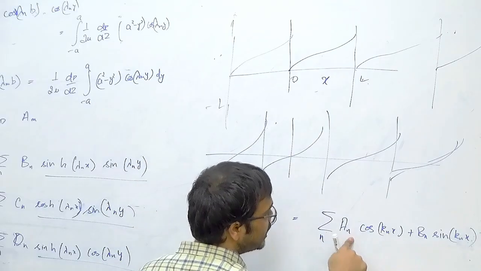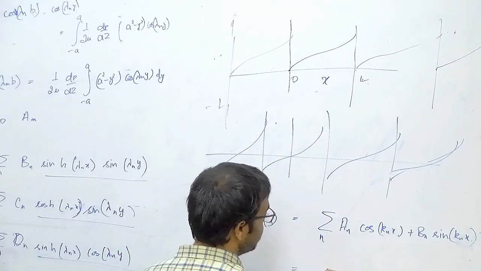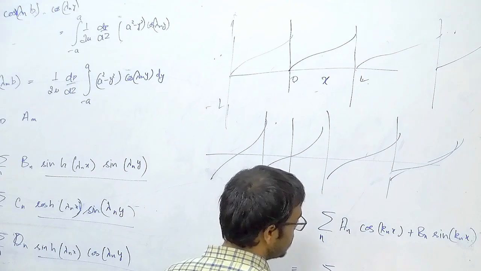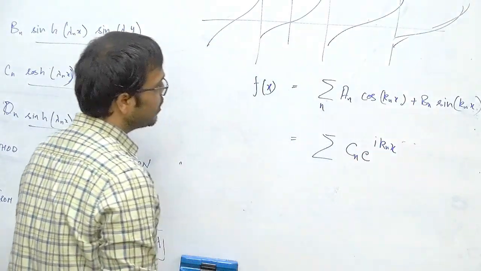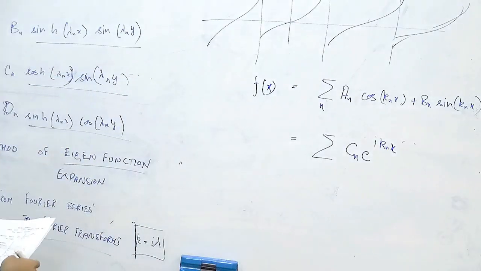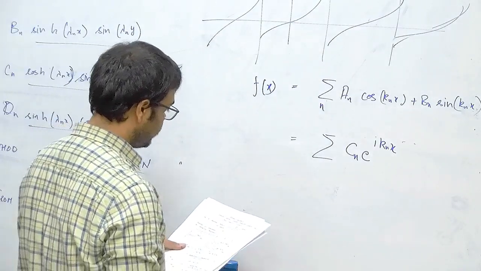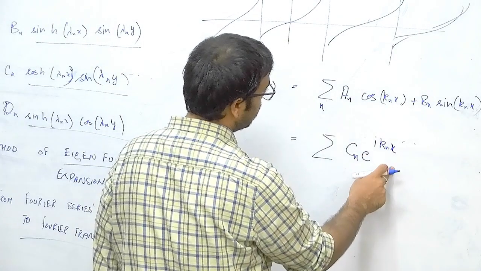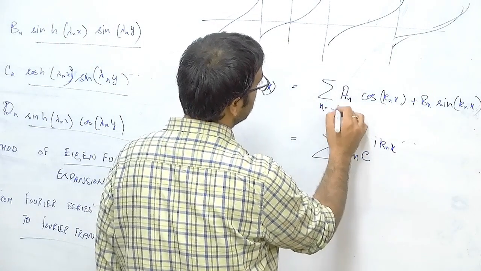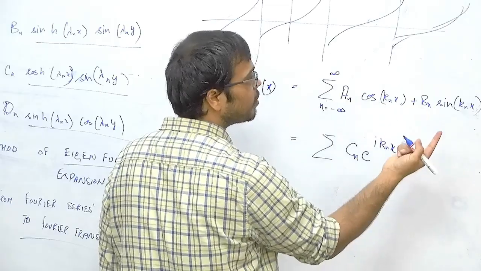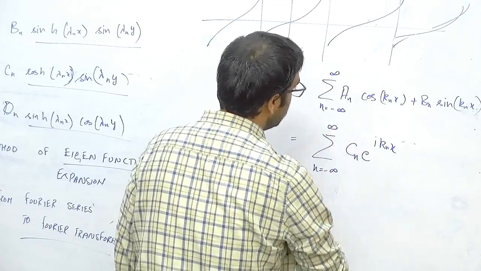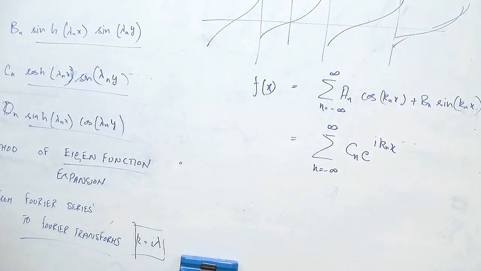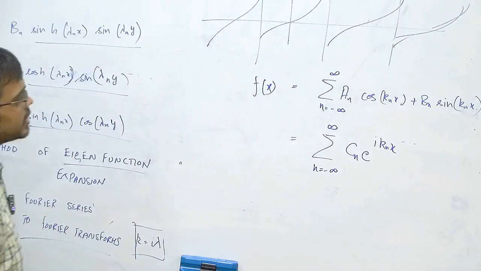You can change these to complex exponentials and eventually write that this is some cn e to the power i knx, and the summation is from, let us say, minus infinity to infinity. I am not defining what the kn's might be; I do not care what the kn's are as of now. This is usually how a Fourier series is defined.